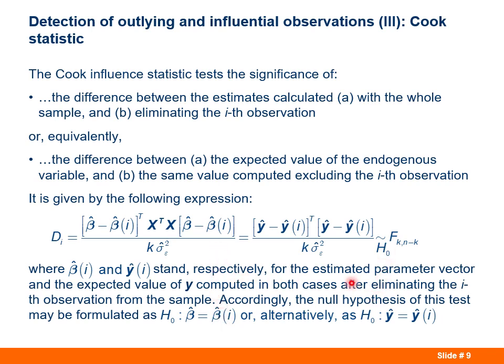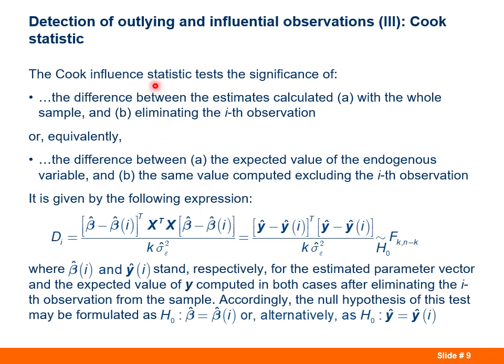Under this null hypothesis, the Cook statistic has this distribution, where k stands for the number of parameters in the regression, and n minus k is the number of degrees of freedom. The second interpretation is formalized in the second alternative expression, which is mathematically equivalent to the previous one. They both yield the same result.